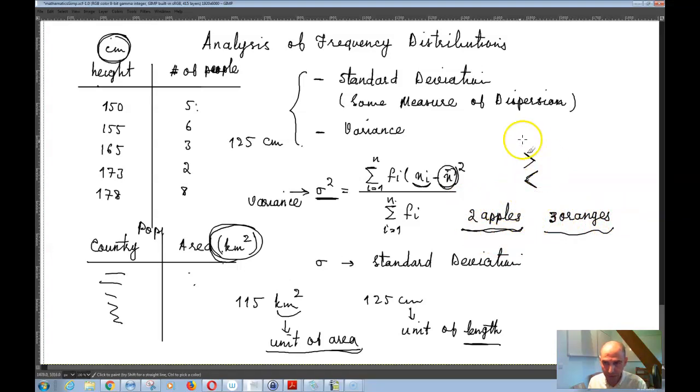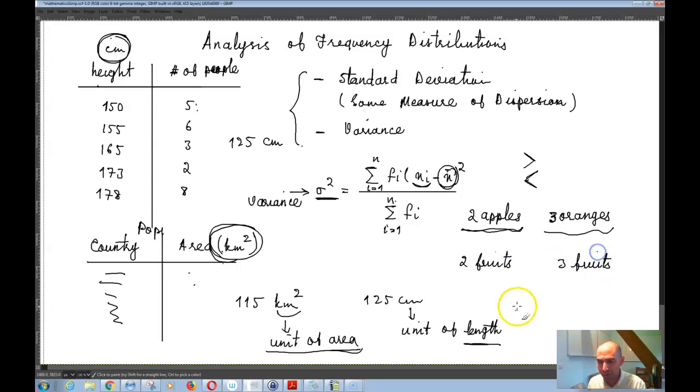You cannot decide. But if I ask you 2 fruits and 3 fruits, of course then you can decide that 3 fruits is more than 2 fruits. That you can do. But this one you cannot do, simply because here the unit is apples, here the unit is oranges.